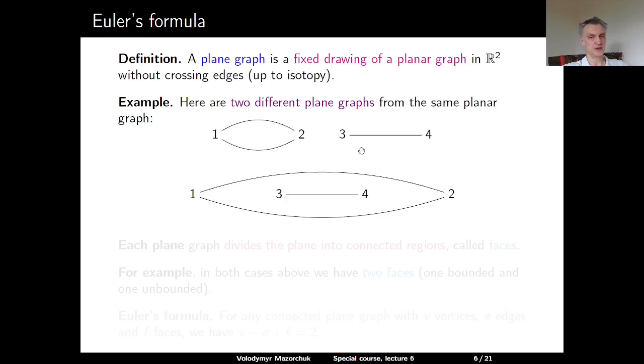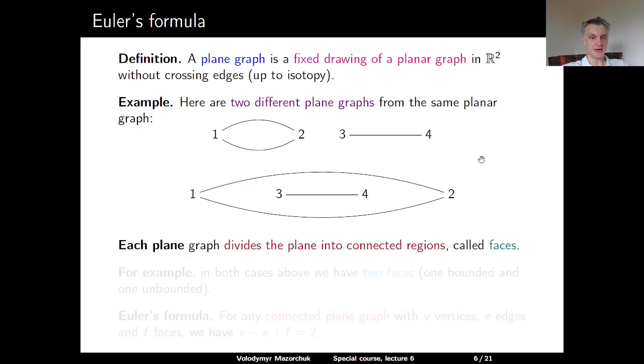So these are two different ways, and you cannot change the first way of drawing into the second way without crossing the edges. So each planar graph might correspond to different plane graphs, depending on how we draw a planar graph inside R2.